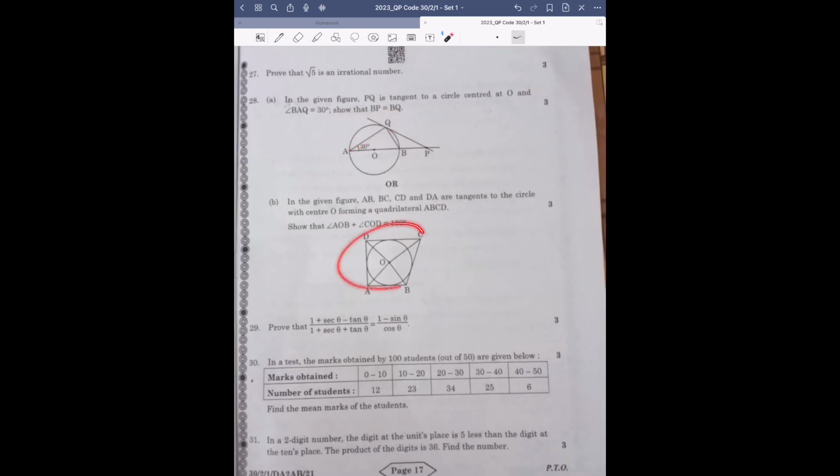This is 28B. It says in the given figure, AB, BC, CD, and EA are tangents to the circle with center O forming a quadrilateral ABCD. Show that angle AOB plus angle COD is 180 degrees.